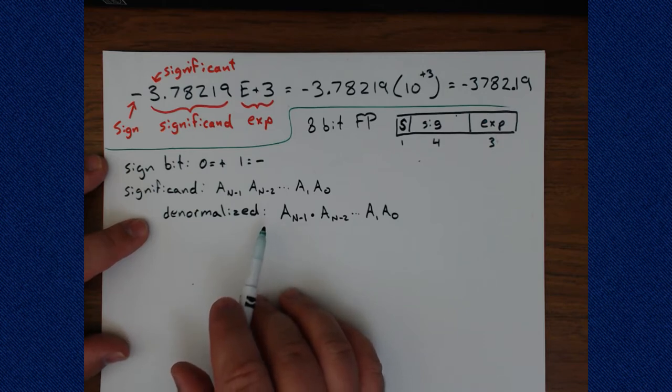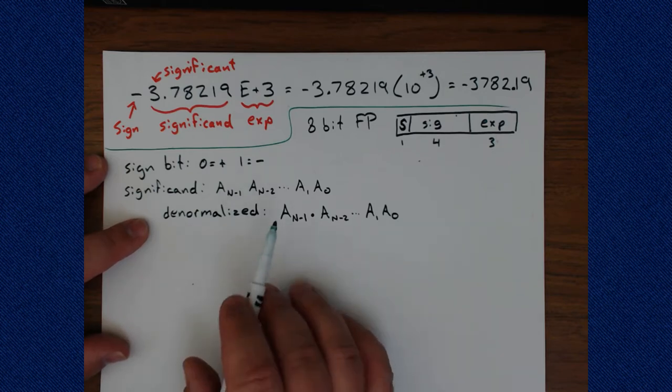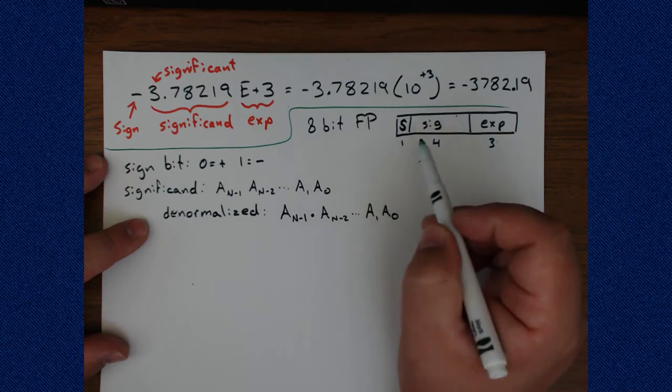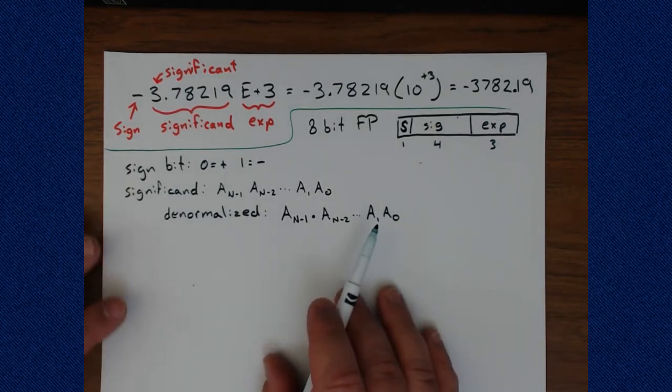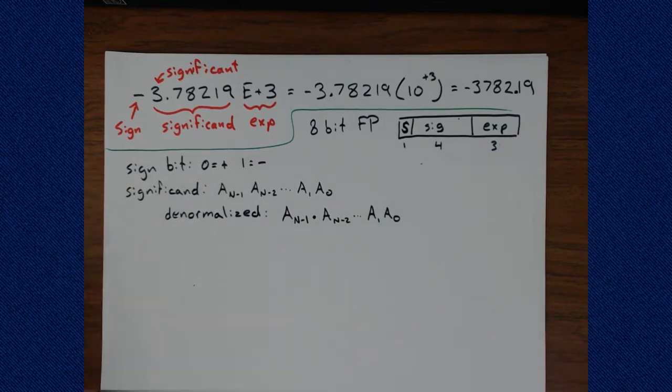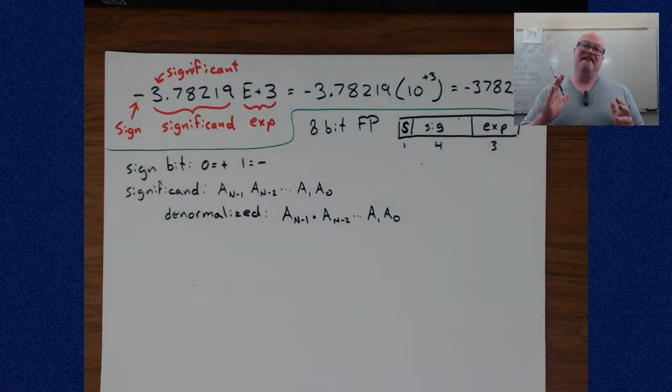Now, while this is a super simplistic representation, it has one flaw, and that's that the most significant bit could be a 0. And if that really is the most significant bit, then all the other bits to the left of it, higher order positions, would also be 0.